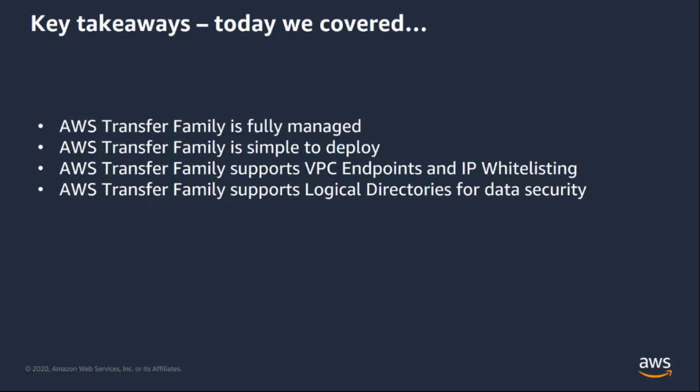VPC endpoints are the extremely important piece for controlling who can access your endpoint by using that IP whitelisting. That was that security group that we updated earlier. And I just want to make sure that your other takeaway is that logical directories really give you the ability to securely service your users without having to necessarily create a whole bunch of different S3 IAM roles and policies.